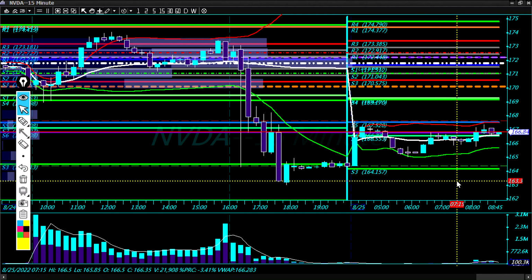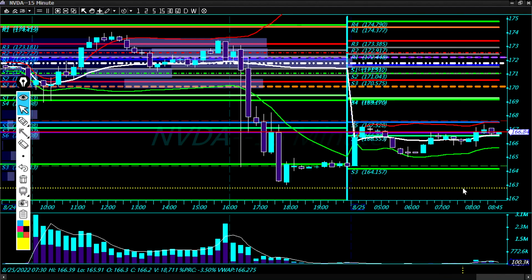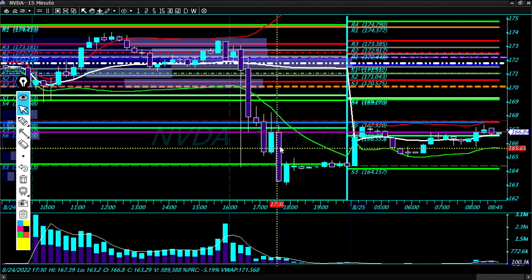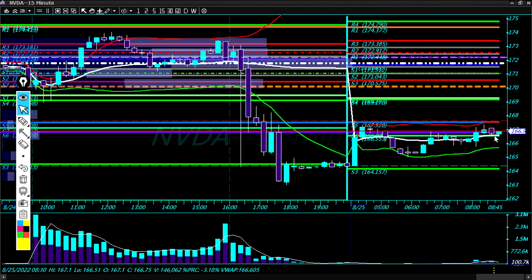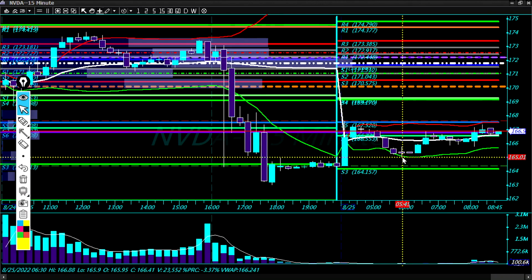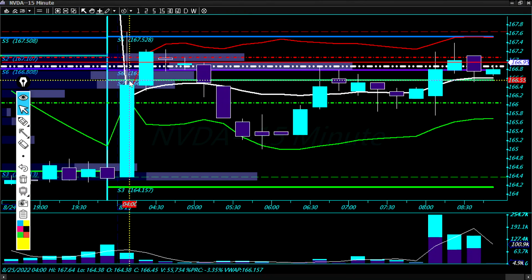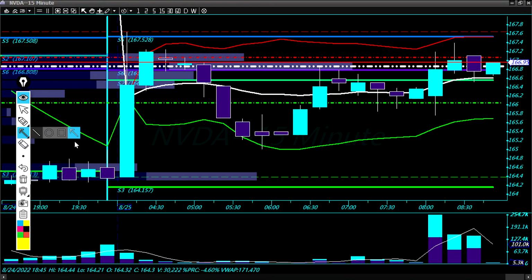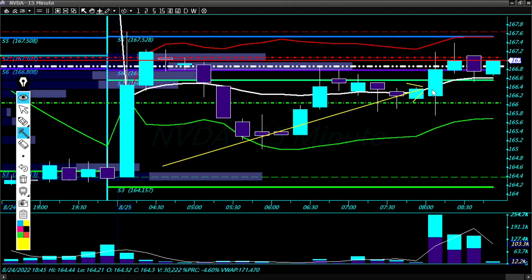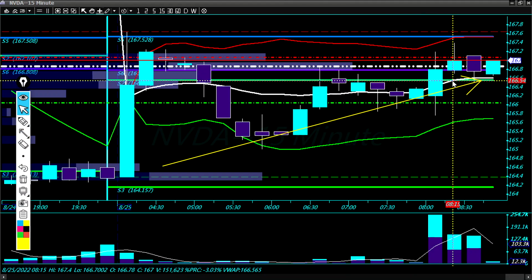Around that area, it could even come down to the lows here of 163. But if we do get strength, we're gonna get support right here at floor pivot S2. You see that level, that light green line? Let me see what level that is, because it's a VWAP as well. So 166.55, and now we're pushing up from there.